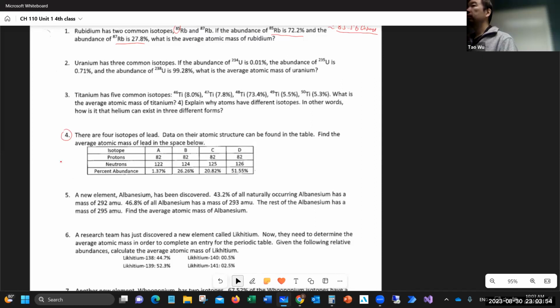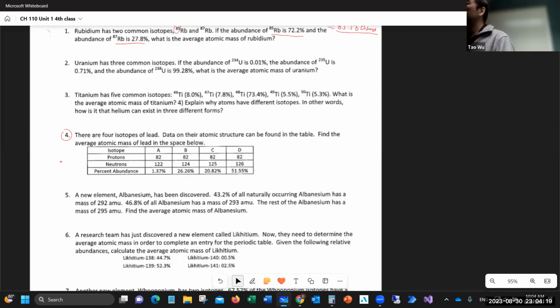Remember, for the isotope average atomic mass, you need to know the mass number or mass for each of the isotopes, and then you multiply by the abundance. Do we have the mass? It shows up here, the mass for each of the atoms? They are only telling us the protons and the neutrons. Then how do we start?